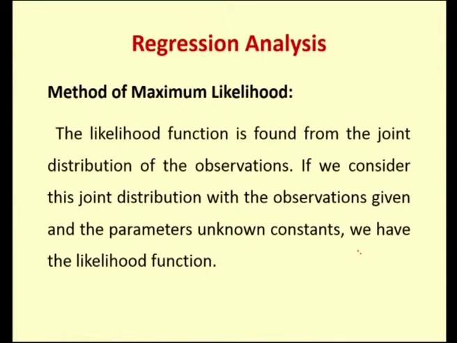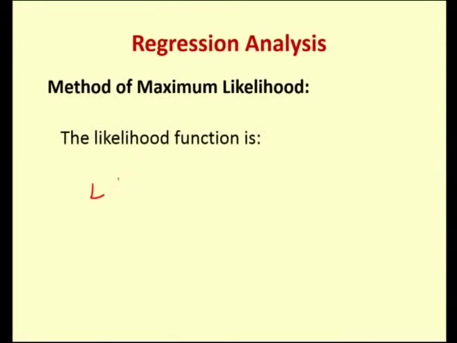If we consider this joint distribution with the observations given and the parameters as unknown constants, that is, here beta naught and beta 1, we have the likelihood function as L of yi, xi, when the parameters are beta naught, beta 1 and sigma.